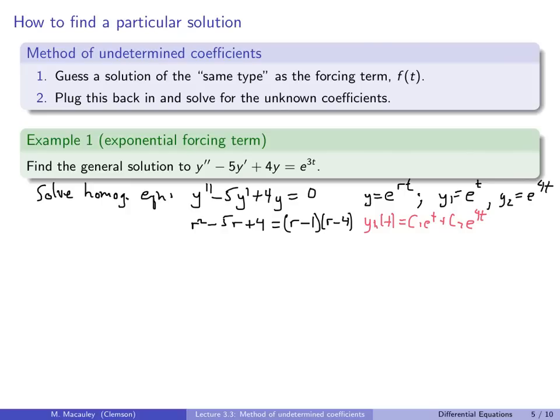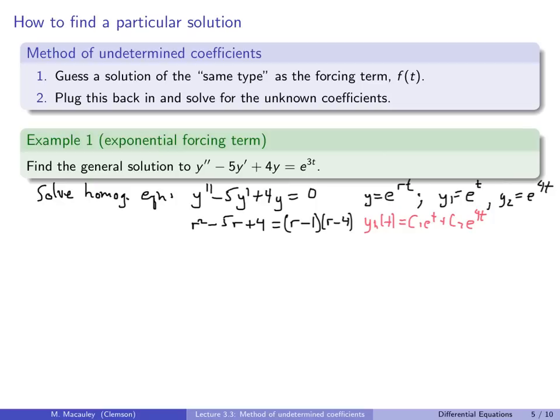Okay, so now for the method of undetermined coefficients, to get that particular solution, we are going to guess there's a solution of the same type as the forcing term, which is this thing right here. So we're going to guess that there's a solution that is some constant a times e to the 3t.